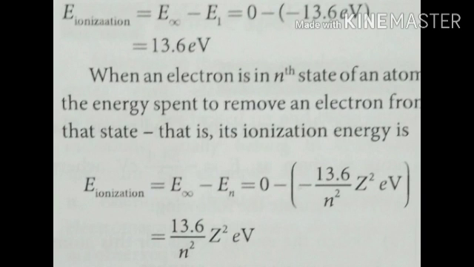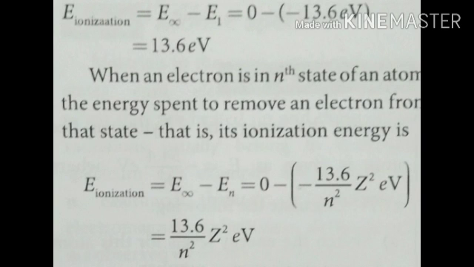When an electron is in the nth state, the energy spent to remove an electron from that state, we can write the ionization energy, E ionization is equal to E infinity minus En. That means nth state. So 0 minus of, we know the value of the nth state energy, minus 13.6 by n squared into Z squared electron volt.